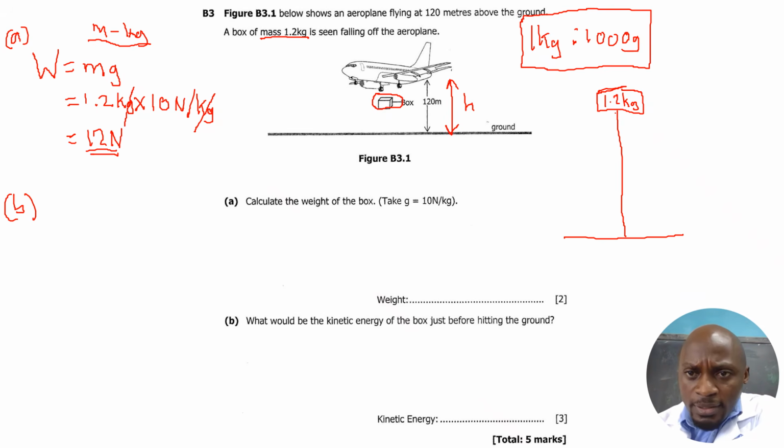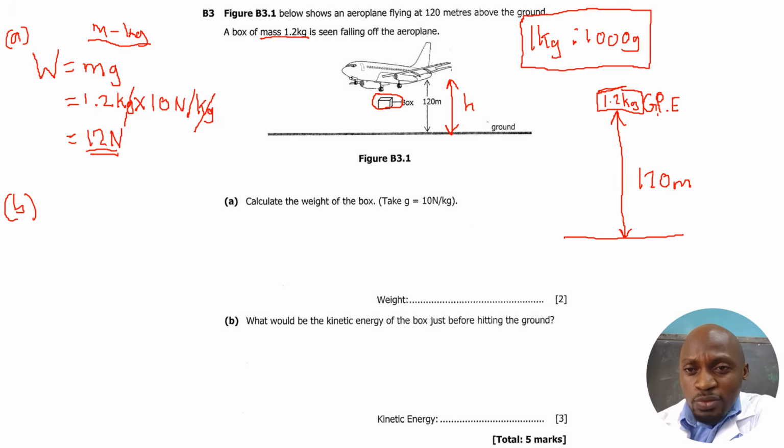It's falling to the ground at a height of 120 meters. At this height of 120 meters, what we should know is that the box has gravitational potential energy.